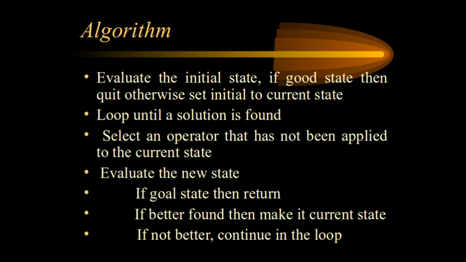The example can be the 8 puzzle. When we find some possible states, we pick the one which is the best, make it the current state, and discard the others. If we find a state that is better than the current state, we make it the current state.